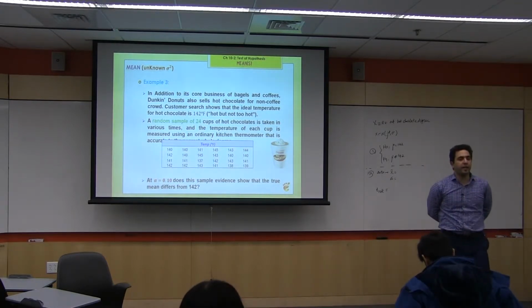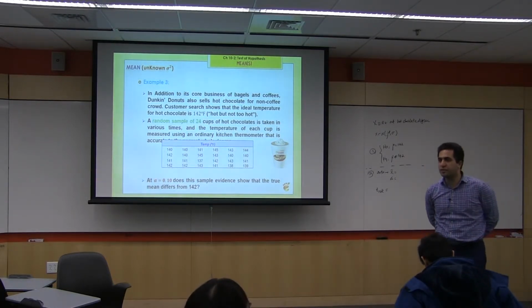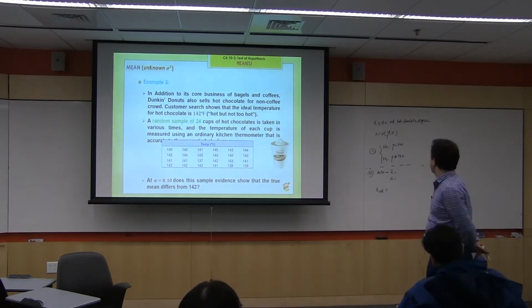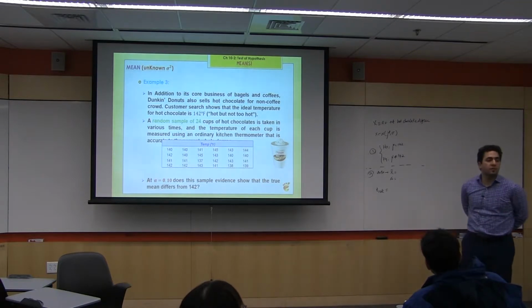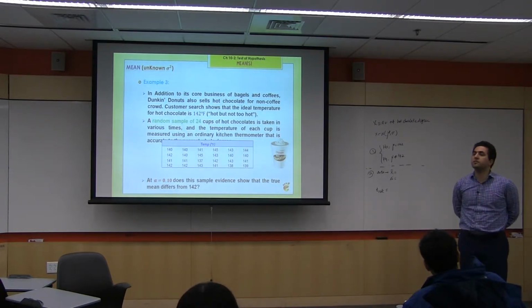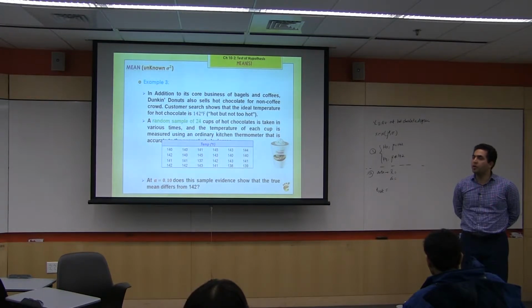So, X is the random variable of hot chocolate's temperature, is that right? And what's the distribution of my X? Normal with unknown mu and unknown sigma. Is that right? None of them are given to us.